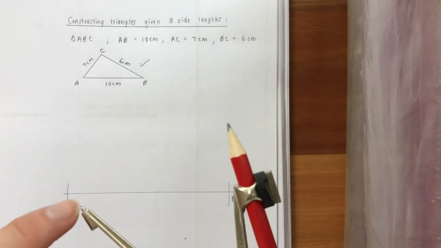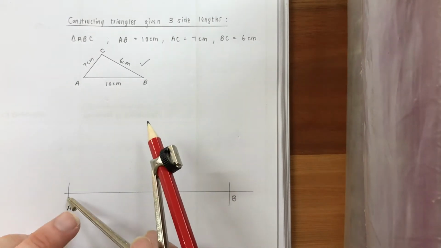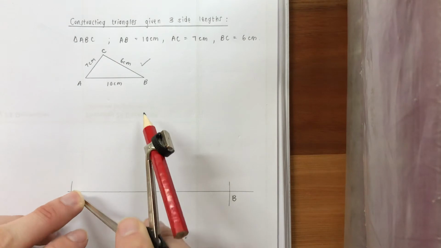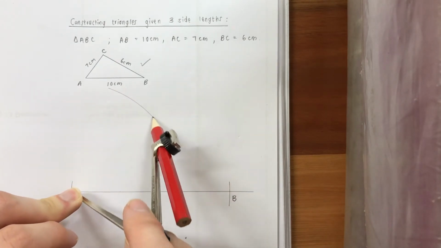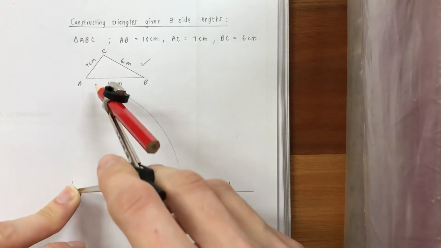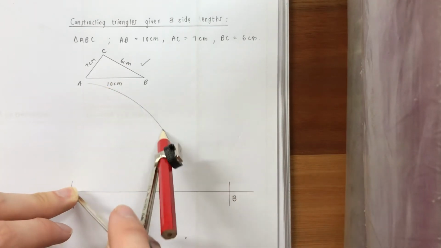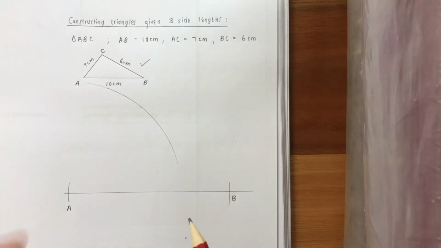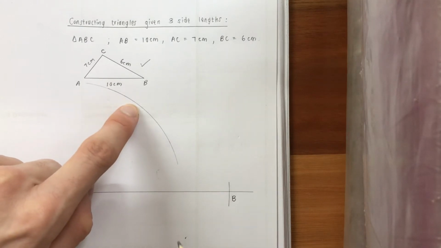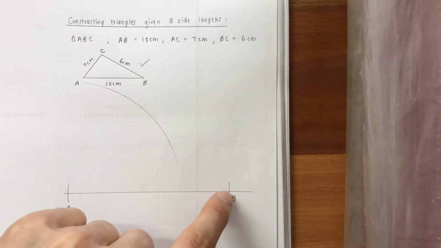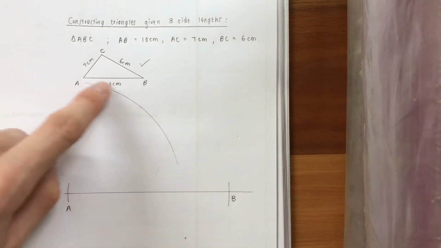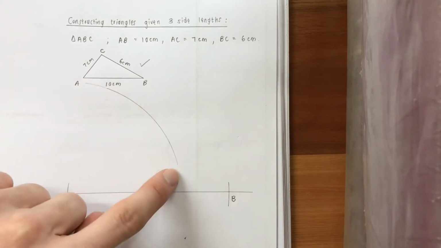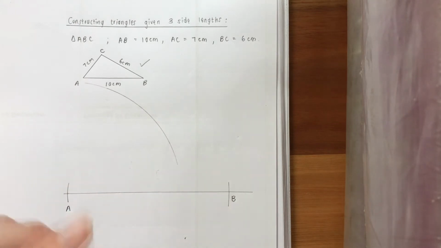So what do we do? We take the tip of our compass, place it on point A, and then we create an arc. This arc must be big enough. Please make sure that it's really a big enough arc, because this arc needs to intersect with the arc that we'll be drawing from B. Otherwise it won't intersect with the other arc from point B. Because what do we know?